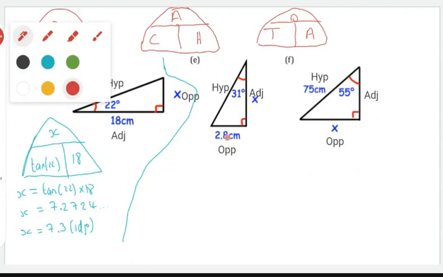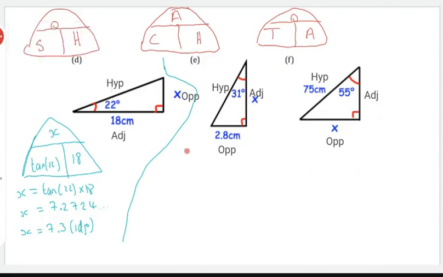So we've got the next question, which has the opposite as 2.8 and the adjacent as x. So again, it's another question of opposite and adjacent, so we're using the TOA triangle.